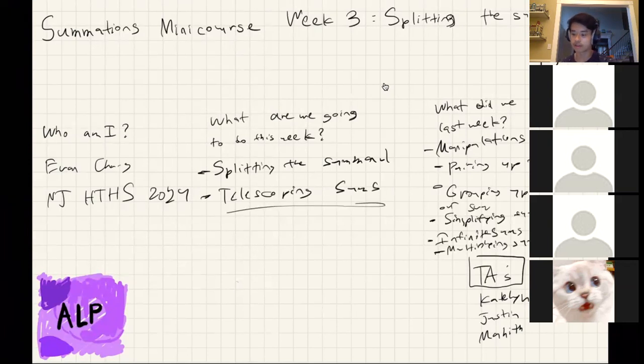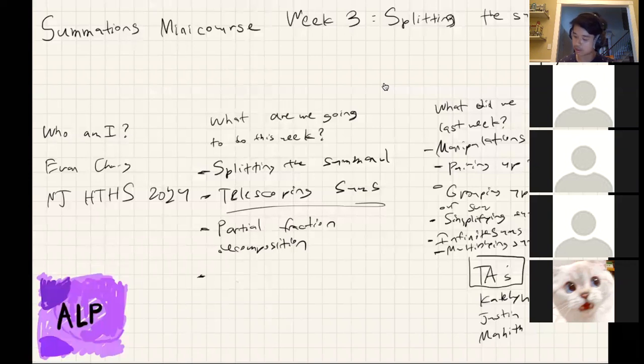It's a very well used summation technique. It's found all over the place. We'll talk a little bit about partial fraction decomposition, which is a technique that is generally used to simplify telescoping sums.